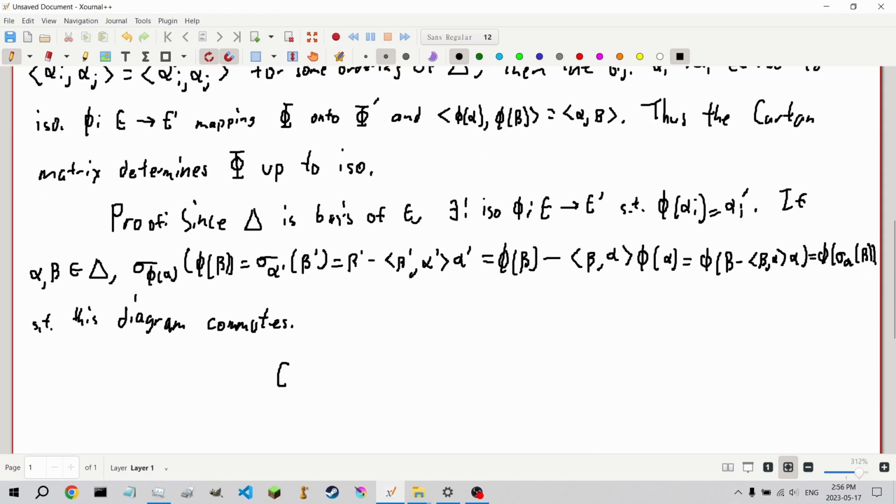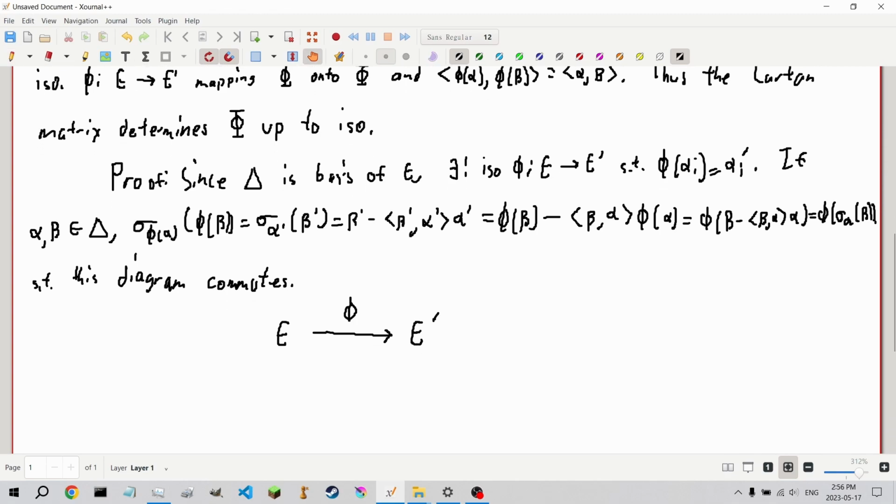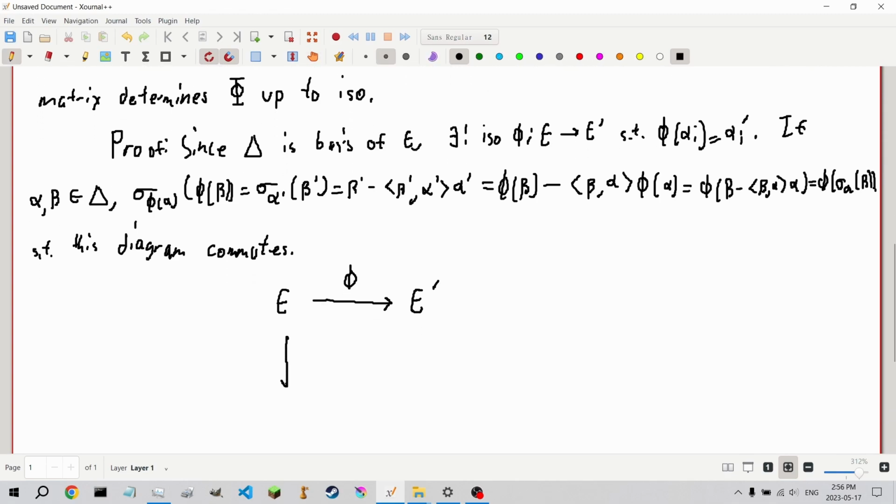And we have E, our isomorphism phi sending it to E prime. And then we have the reflection generated by a root, sending E onto E. This is the same phi.